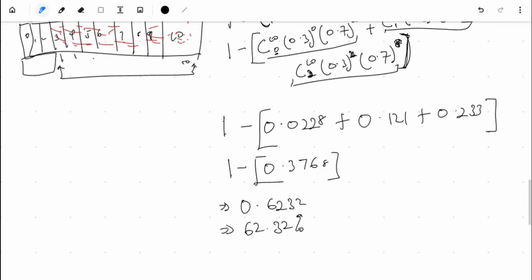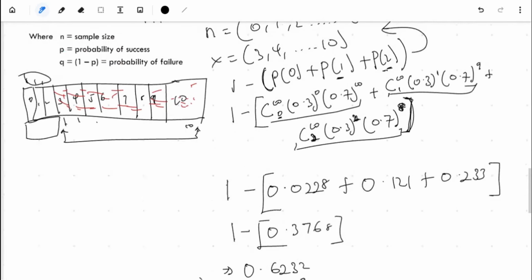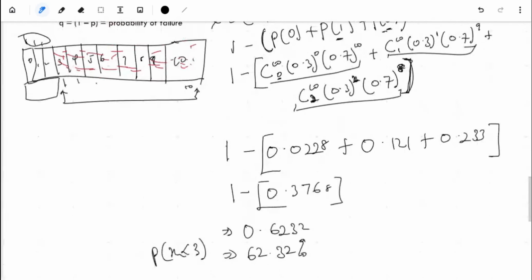So this represents the probability that at least 3 of them majored in finance. So that's how we solve it.